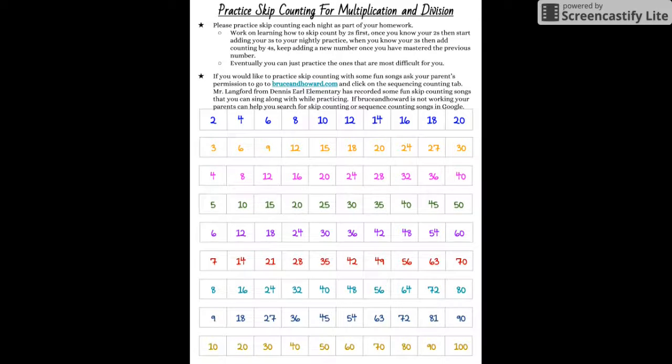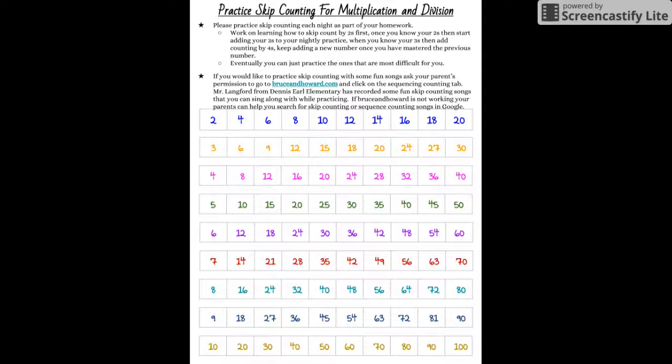What I would recommend is that they start with the 3s and practice skip counting by 3s every night until they can skip count by 3s. They're only required to do through 10. We go to multiplying factors 1 through 10 in 3rd grade, so they don't need to know how to skip count by 3 beyond 30.